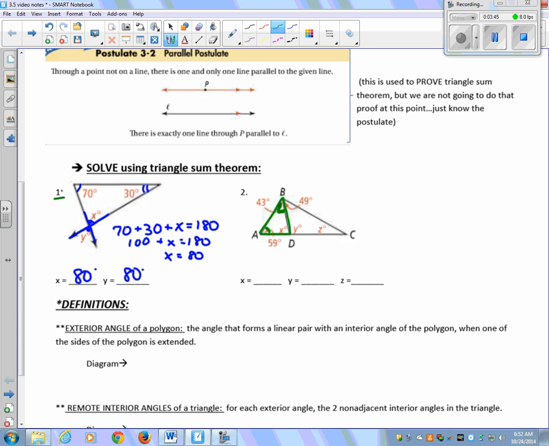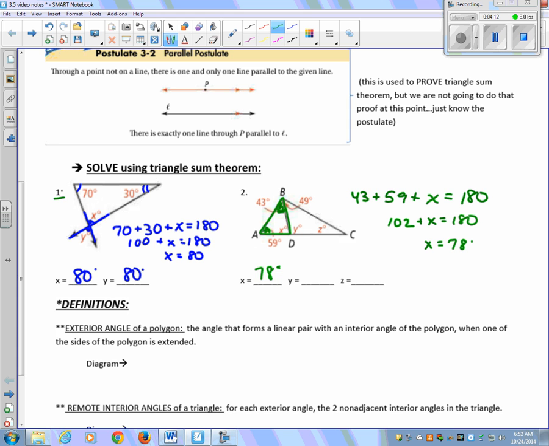So if this angle is 43, and this one's 59, the three angles of that green triangle add up to 180. 43 plus 59 is 102. So I subtract now, and I get x equals 78.